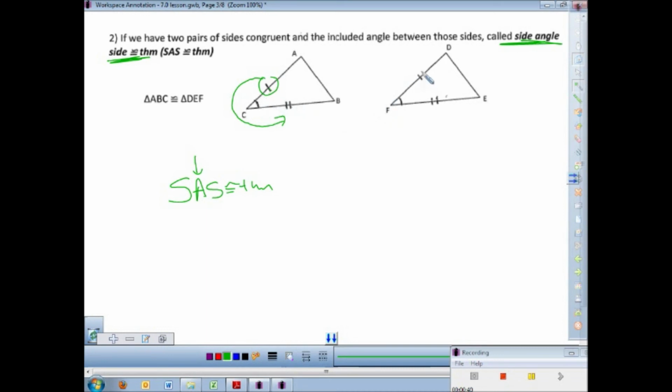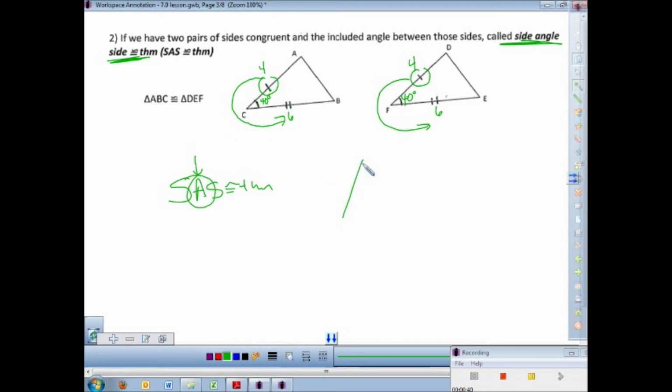In the other triangle, don't I have that exact same information? Single tick mark, then that single arc mark, and then this. So like if this was 4 inches, and this was, let's say, 40 degrees, and this was 6 inches, then this would be 4 inches due to the tick marks, this would be 40 degrees, and this would be 6 inches. That's enough information right there to prove that those triangles would have to be congruent because of what's called side-angle-side. That angle is between the 2 sides.